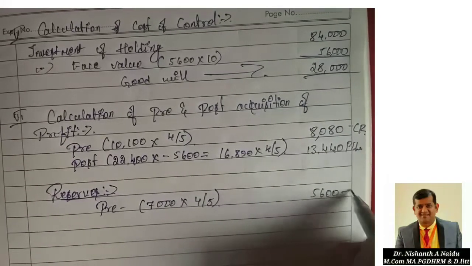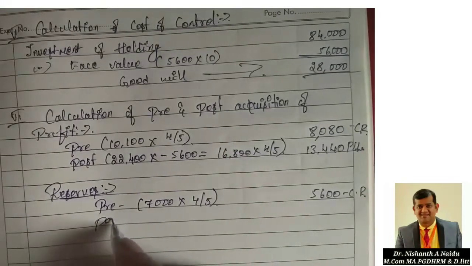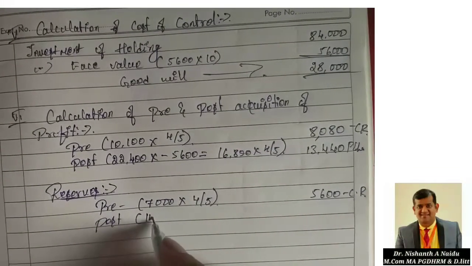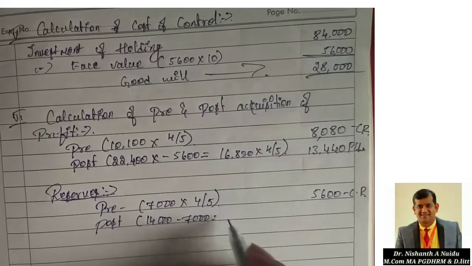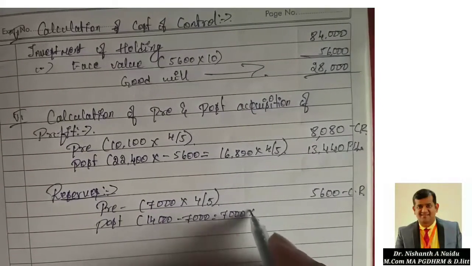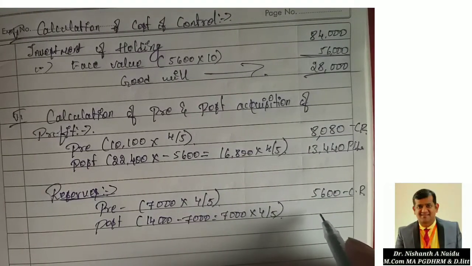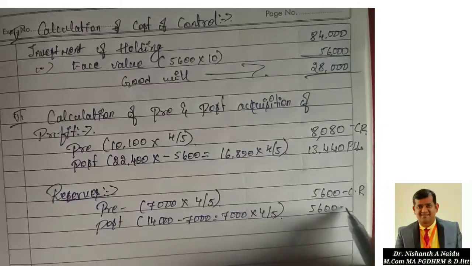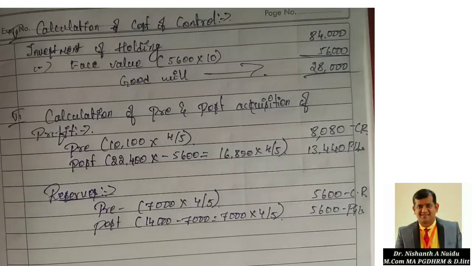This needs to be transferred to capital reserve account. Okay. The same way post acquisition. So check out in the balance sheet we have 14,000 minus pre-acquisition 7,000. So the left out is 7,000 into 4 divided by 5. So if you do that, you are going to get again 5,600. This needs to be transferred to P&L account. Okay. So the working notes we are done with.